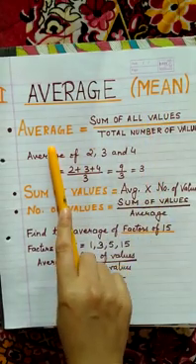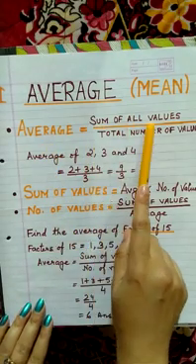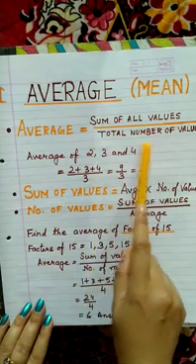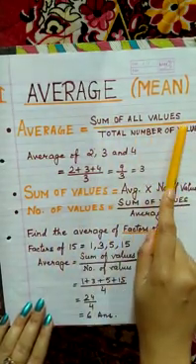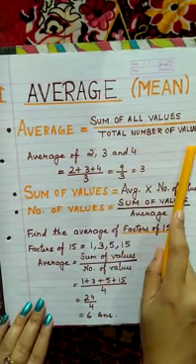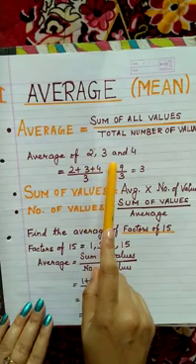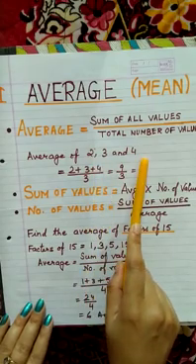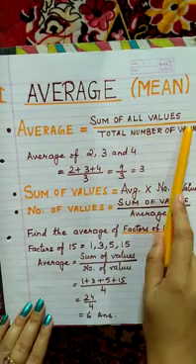Now, how do we find the average? Average is equal to sum of all values by total number of values. So, if we have an example here, average of 2, 3 and 4. We first find the sum of all values.